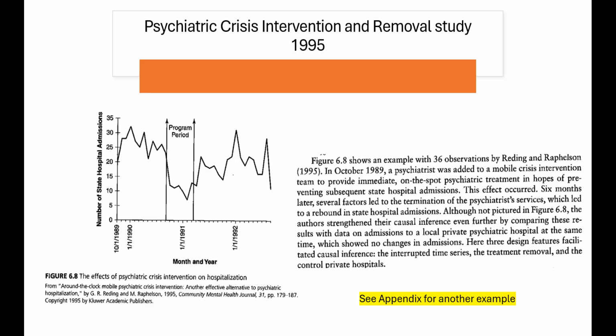The first is maybe full implementation of the program with that first arrow on the left. And then we have another interruption. Although it's not a treatment, we can't call it a second treatment because they removed the treatment, but we can use that more generic term of interruptions. And we see in those two interruptions, they had their best performance, but unfortunately, after it was removed, their hospital readmission rates jumped back up.